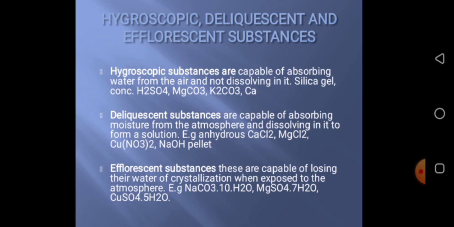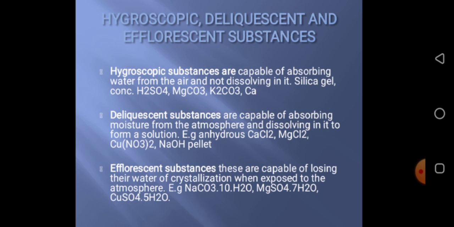Then we have the deliquescent substances. The deliquescent substances are capable of absorbing moisture from the atmosphere and dissolving in it to form a solution, for example anhydrous calcium chloride, magnesium chloride, copper nitrate, sodium hydroxide pellets.